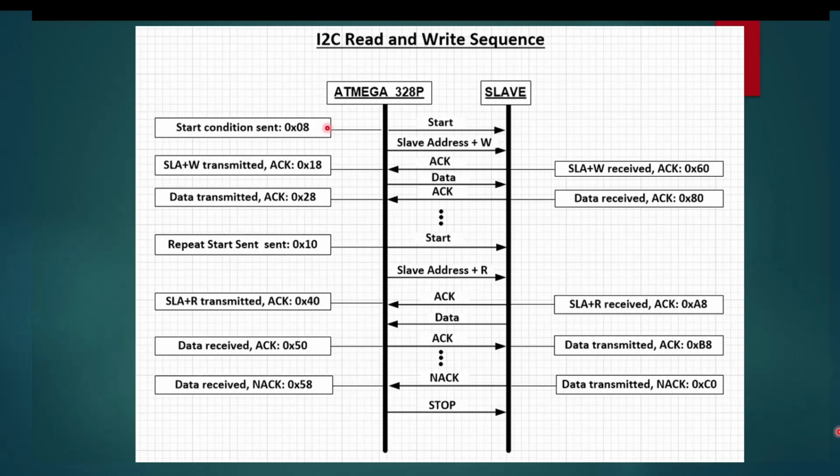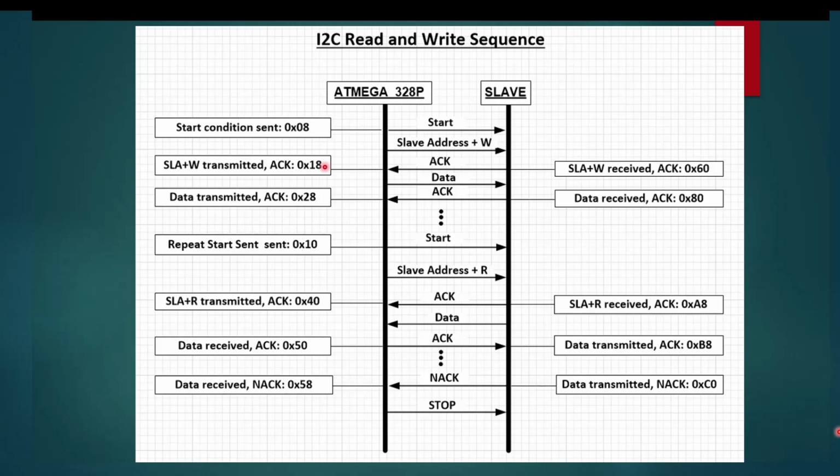So the next thing it's going to do is send the slave plus write command. After sending the slave plus write command, it's going to wait until it gets a status code 18. That 18 means that the slave got the slave address plus write command and acknowledged it.